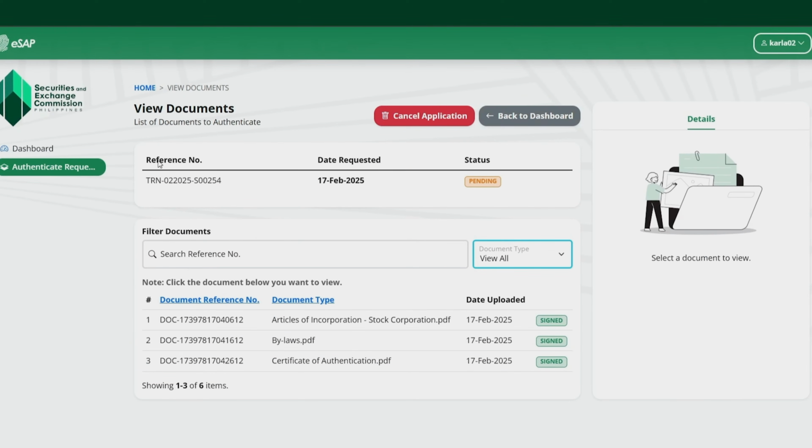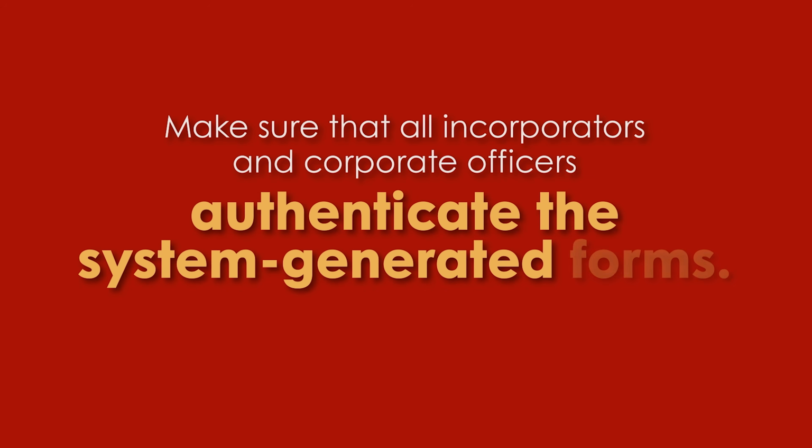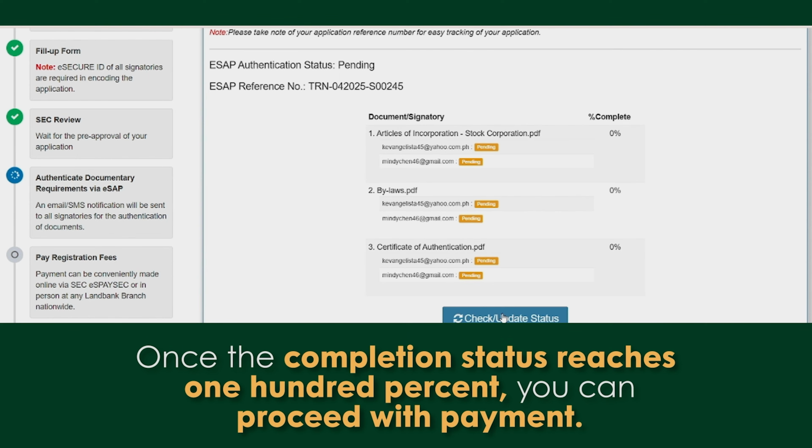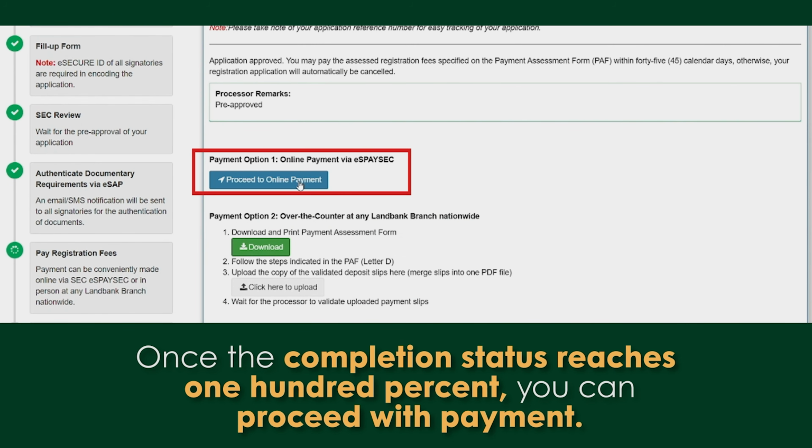Authenticate the remaining documents. Make sure that all incorporators and corporate officers authenticate the system-generated forms. Once all signatories have authenticated the documents, go back to the eSpark portal and click Check or Update Status. Once the completion status reaches 100%, you can proceed with payment.